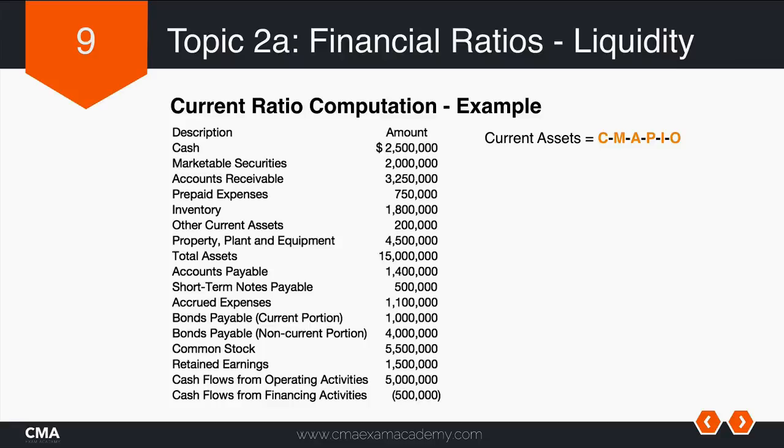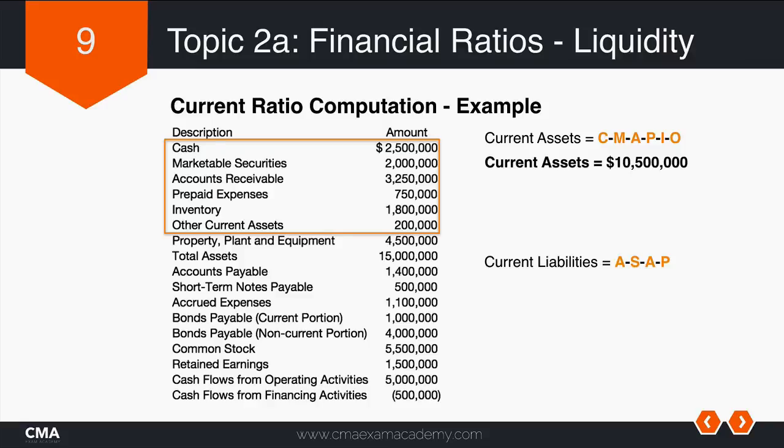Current assets, remember, CMAPIO, will be computed starting with cash of $2,500,000 plus marketable securities of $2 million plus accounts receivable of $3,250,000 plus prepaid expenses of $750,000 plus inventory of $1,800,000 plus other current assets of $200,000 for a total of $10,500,000.